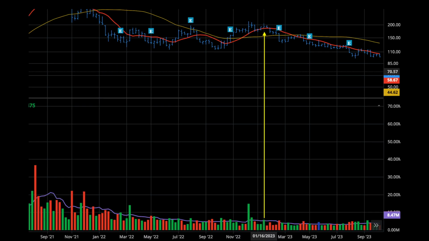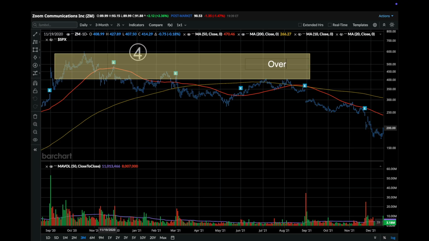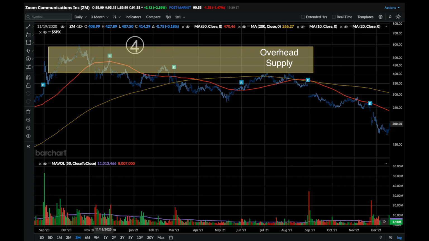The second technical characteristic is all about location, specifically where this pre-entry rally actually takes the price. While analyzing the volume signatures as the stock drifts above the 10-week moving average is crucial, the setup becomes significantly stronger when there is a recent cluster of heavy trading or overhead supply sitting just above the current price.